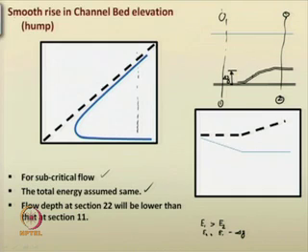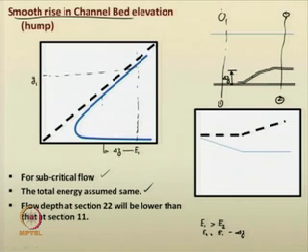So, for smooth rise in channel bed conditions, this is the E1, corresponding depth is Y1, fine. Then let this be the hump height. So, this becomes E2, the corresponding depth is Y2.